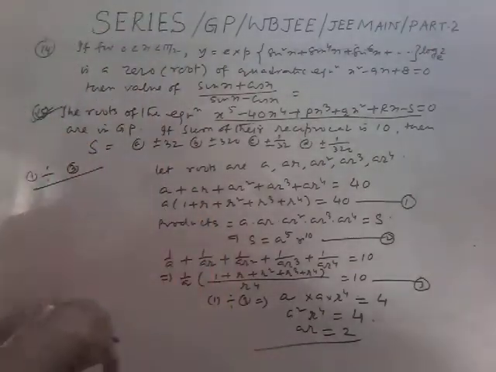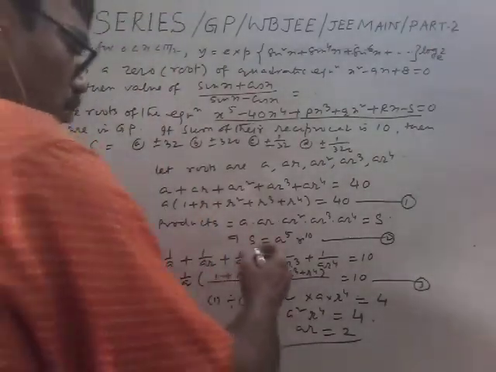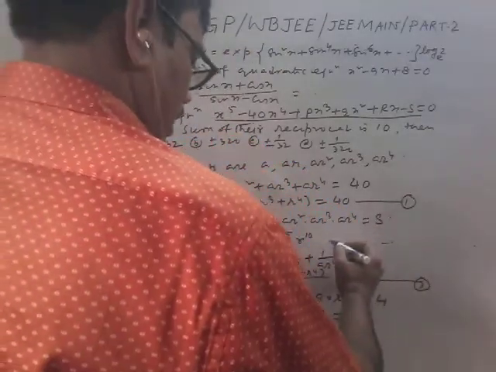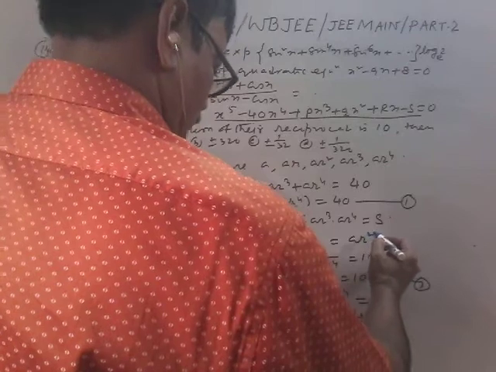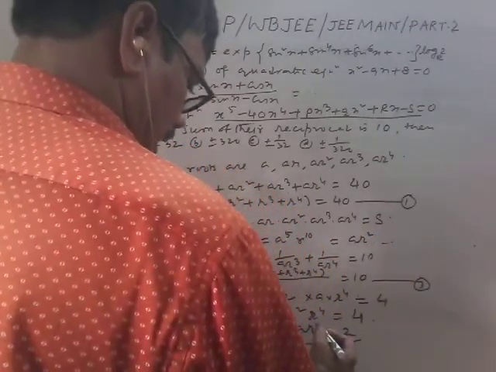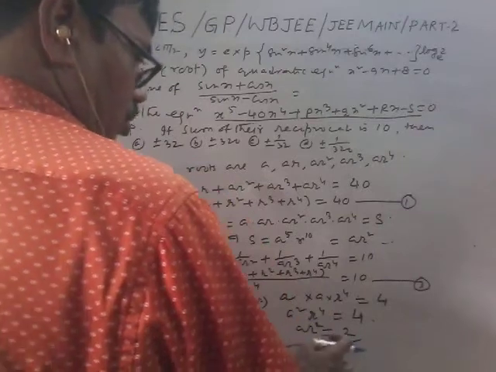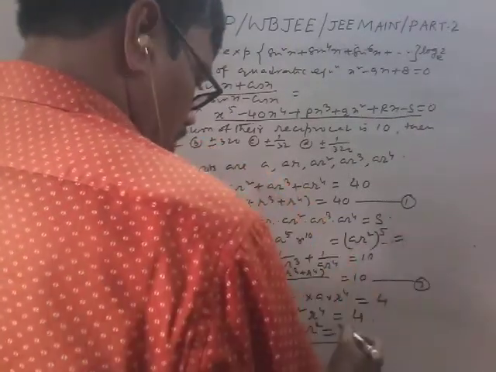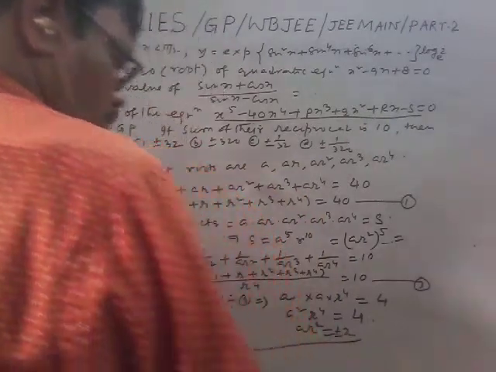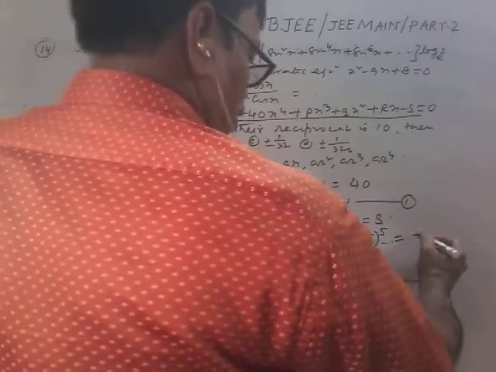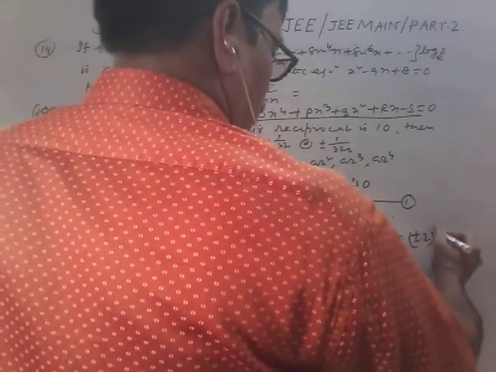Now we have to find S. S equals, now what is S? S equals AR square whole to the power 5. Since AR equals 2, you can also take plus or minus 2. So AR equals plus or minus 2, whole to the power 5.